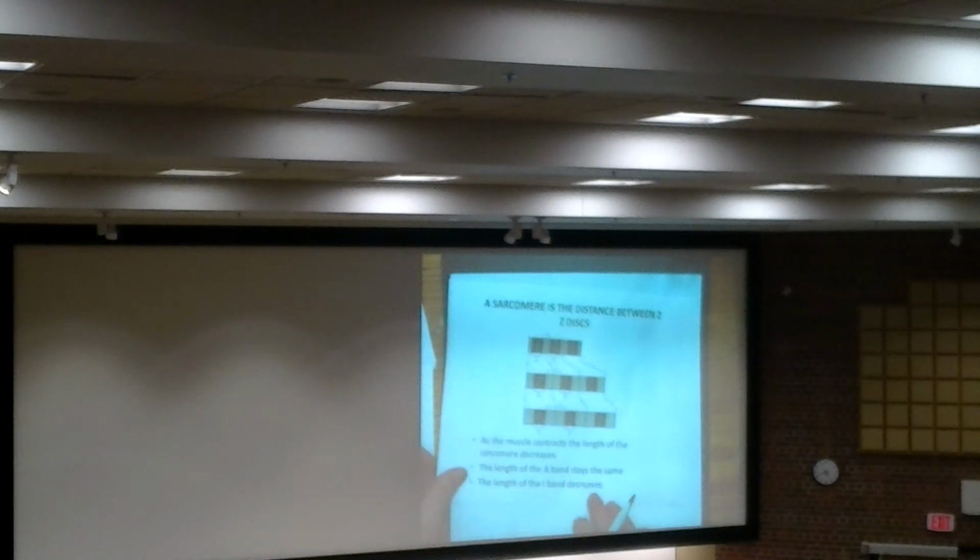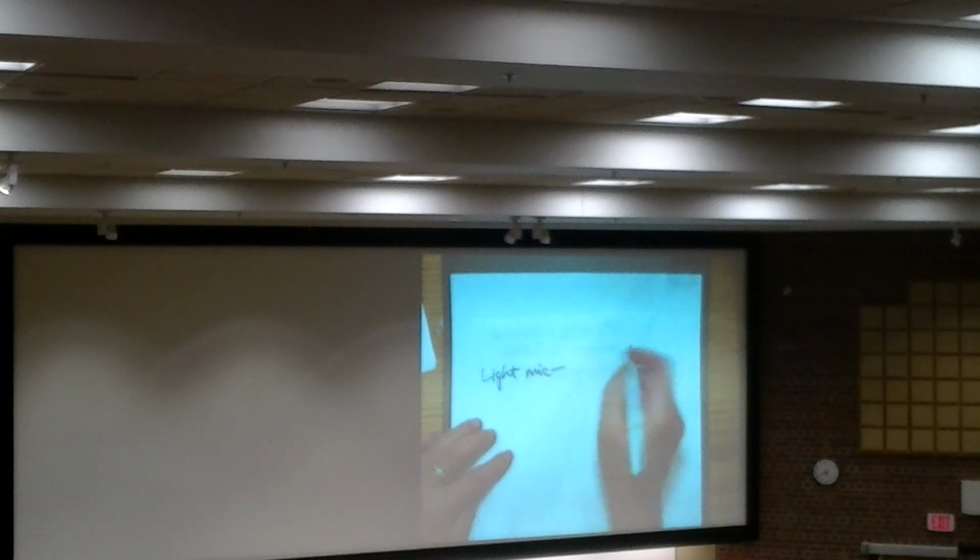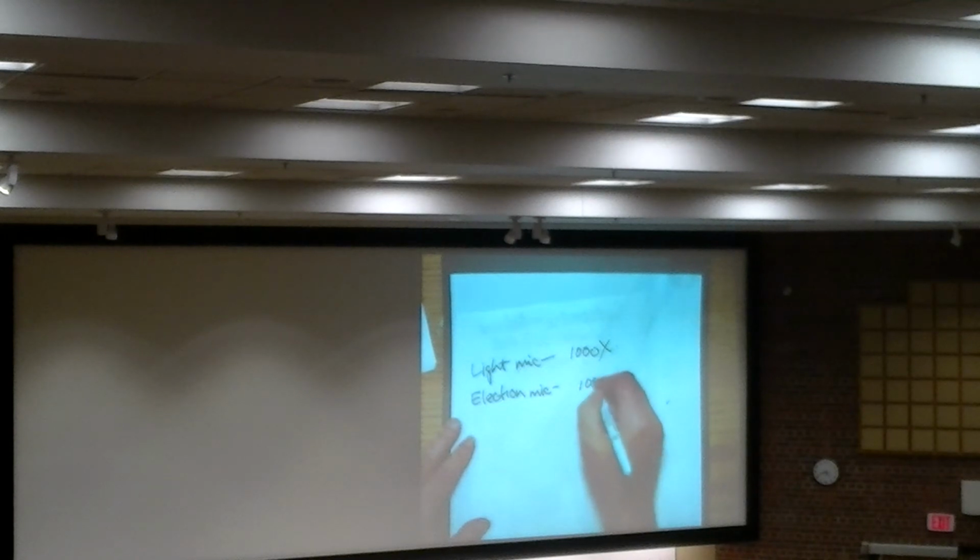We've pushed the limits of the light microscope. We need to examine the muscle at a higher magnification. Light microscopes can magnify things about 1,000 times maximum. But if we use an electron microscope, you can magnify things at least 100,000 times.